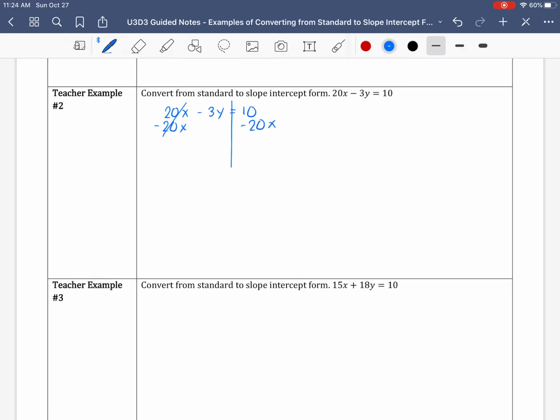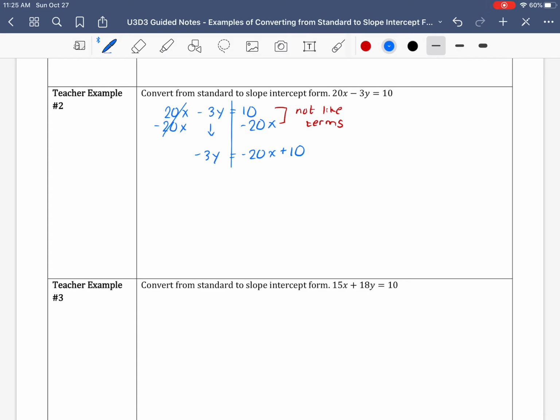And our positive 20x cancels with our negative 20x, leaving us with negative 3y equals negative 20x plus 10. Again, we could not combine 10 and negative 20x because they are not like terms.